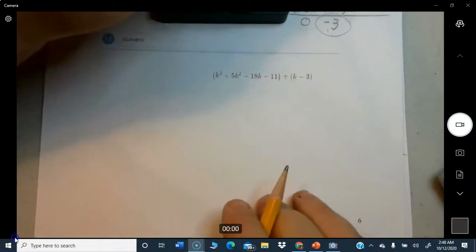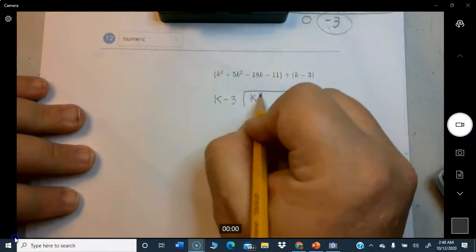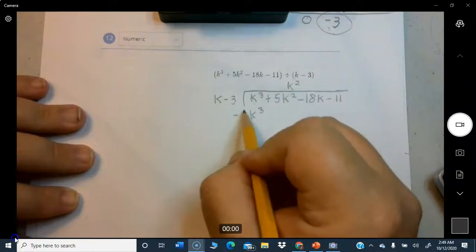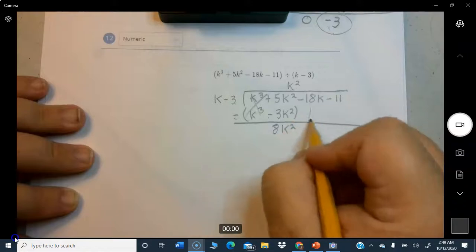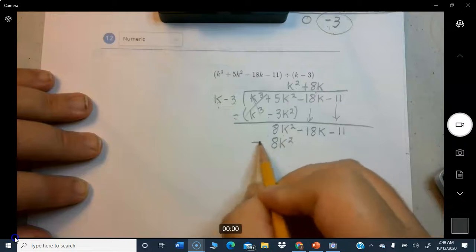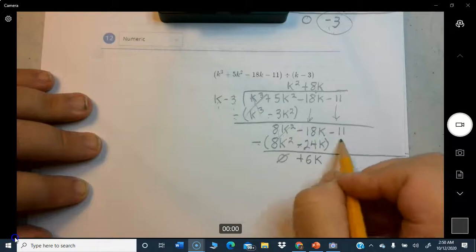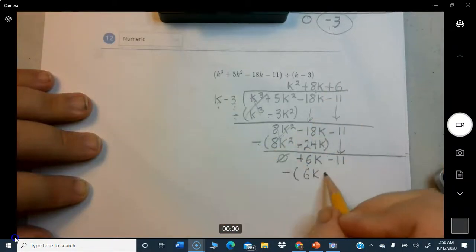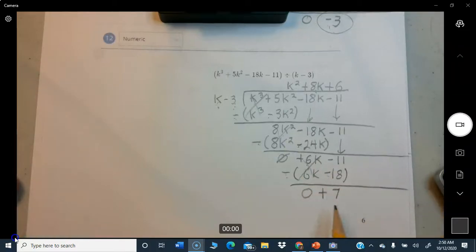They are all done exactly the same. Okay, so we ended up with a remainder of 7.